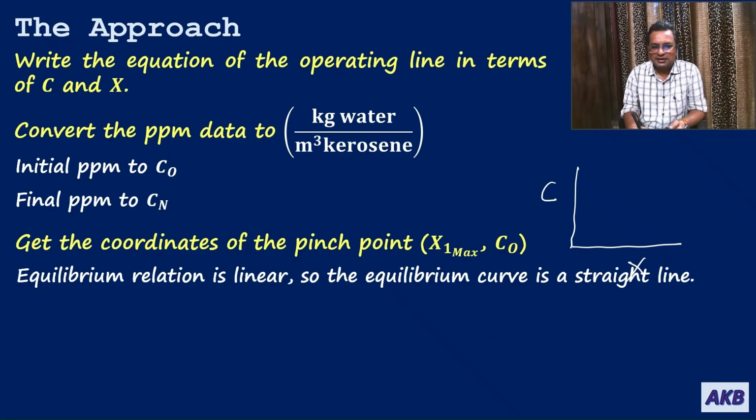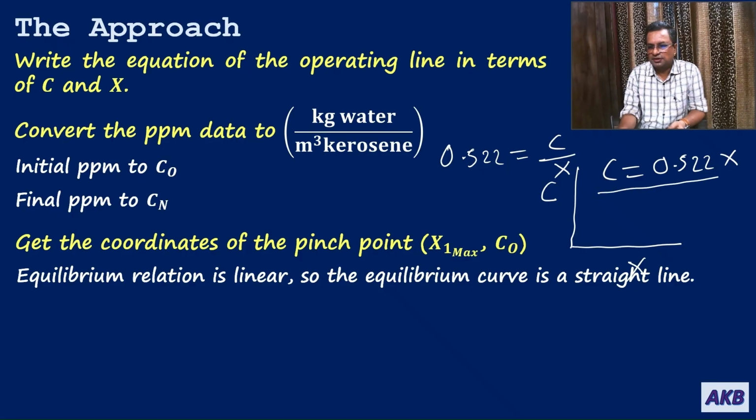First, the equilibrium relationship is 0.522 equal to C upon X. That is, C is equal to 0.522 into X. So it is a linear equation.